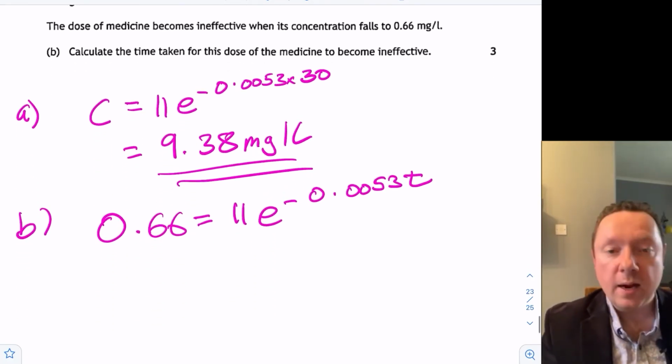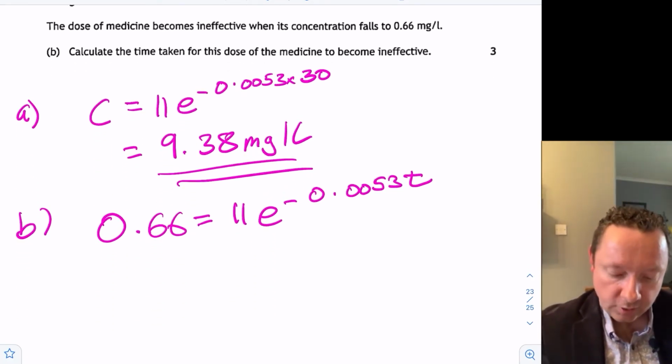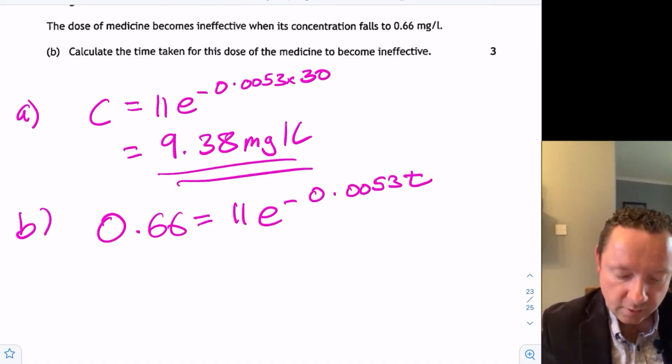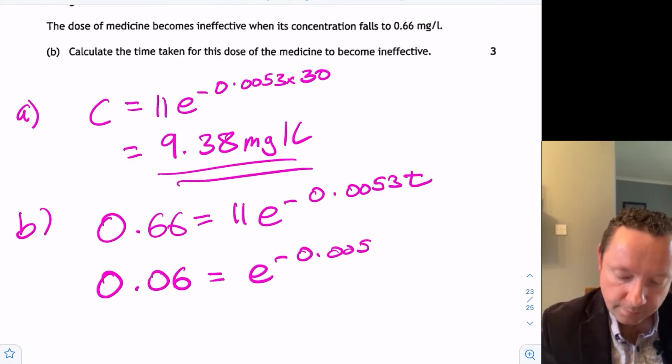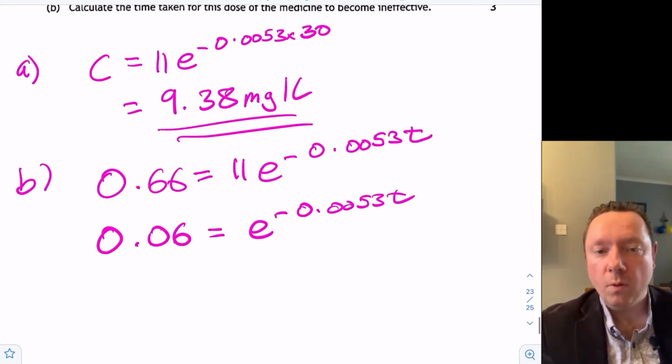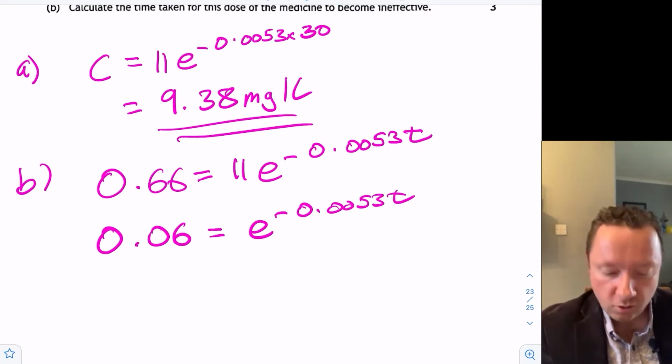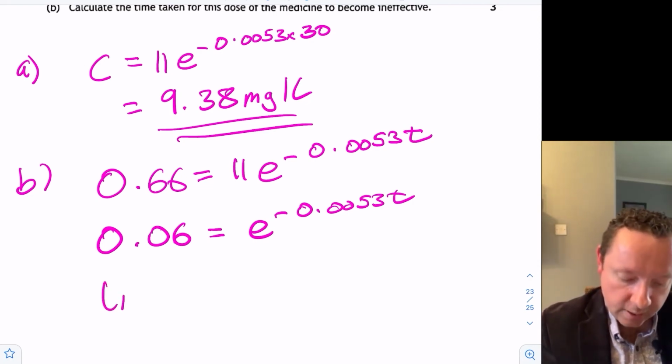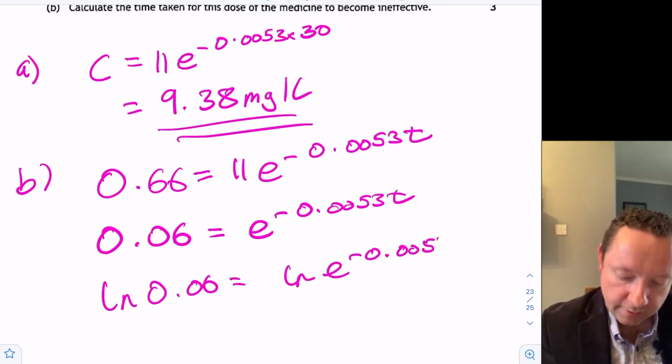So I can divide through by 11 straight away. If I do 0.66 divided by 11, I get 0.06 equals e to the minus 0.0053t. Take the natural log of both sides. You can either write it as log e or ln. I'm just going to write ln.